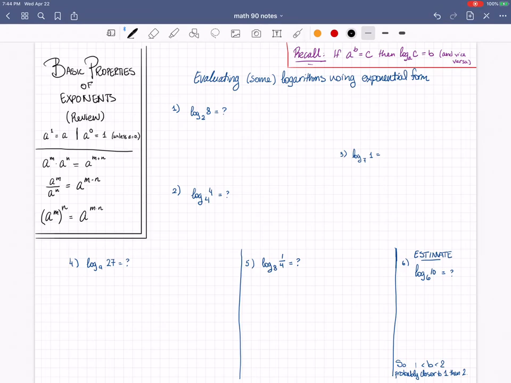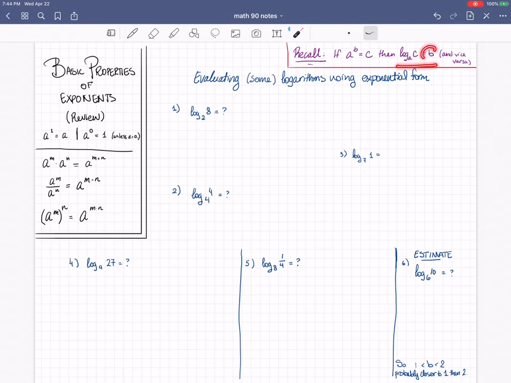The other thing I wanted to say before we dive into all of these examples is I want you to remember this thing that we talked about at the end of the last video. This is in some sense the most important thing that we're ever going to say about logarithms. Because logarithms are the inverse of exponentials, if you take an exponential relationship, so a to the power b is equal to c, where b is the input and c is the output, you can rewrite that same relationship logarithmically.